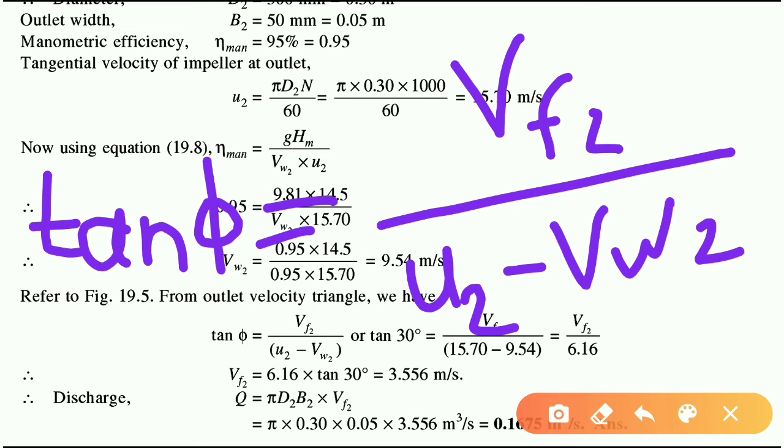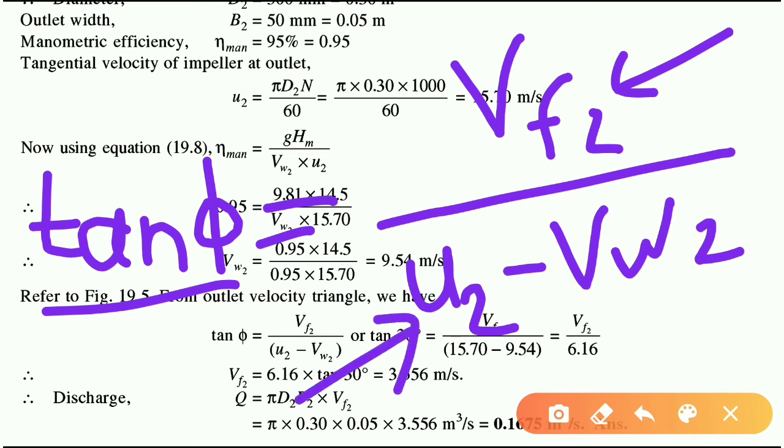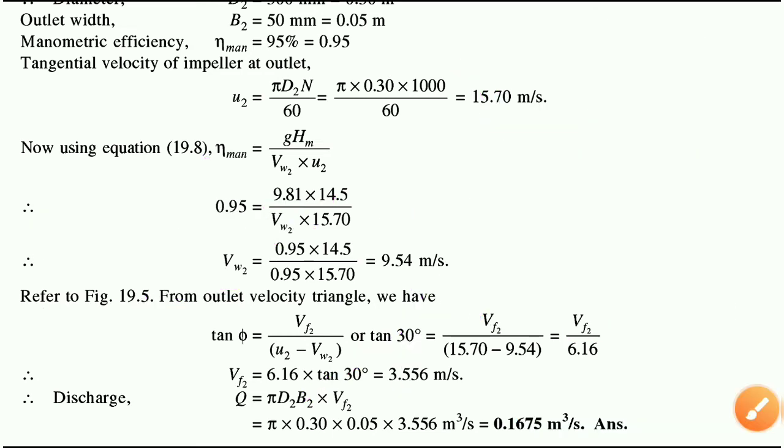In this example, if we need to find this Vf2, then we should know the value of tan phi. In this case, the value of phi is given, so we can find out this tan phi. For u2, the diameter at the outlet and rpm are also given, hence we can find out the value of u2 easily. So we need to find out this Vw2. If we find out Vw2, then we can find out this Vf2. Now how to find this Vw2?